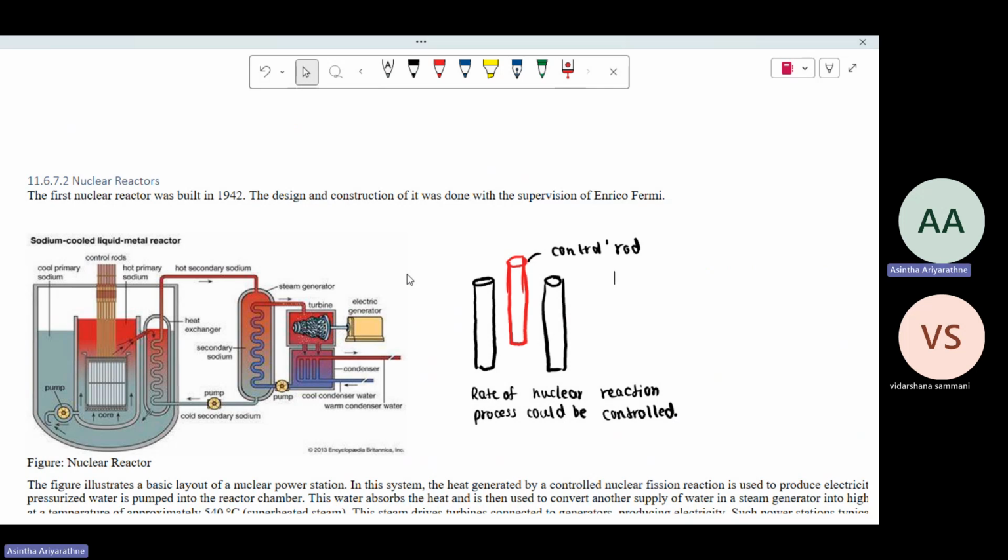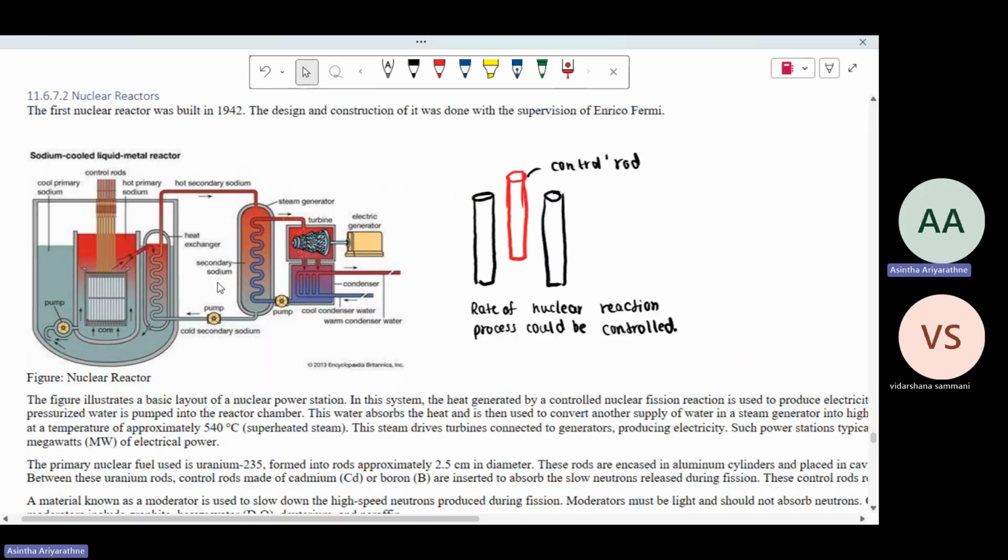During these 50 years, the energy should be there and utilized. With even a very small amount of uranium nuclei, a huge amount of energy could be produced. That's the main advantage of this nuclear reactor.